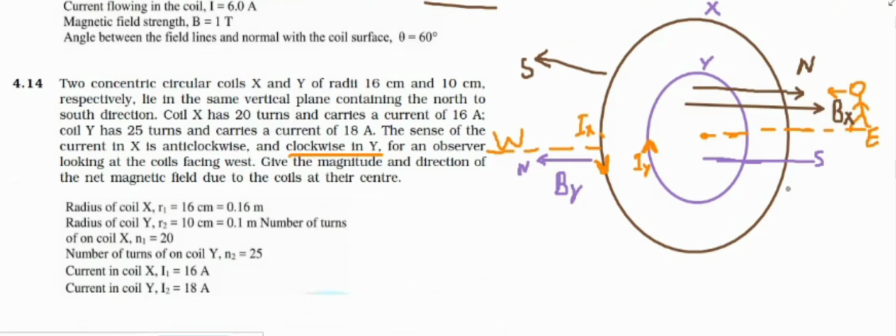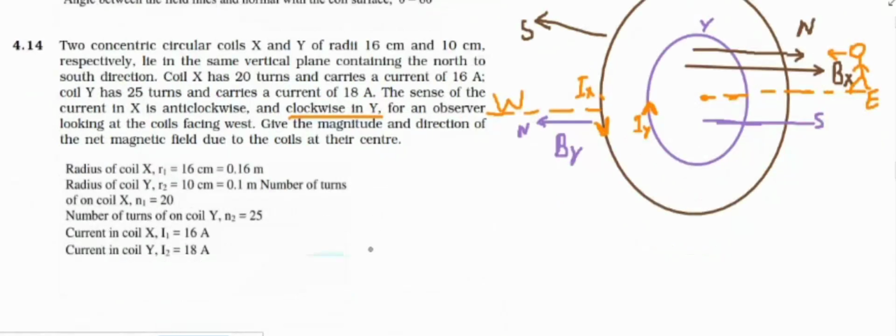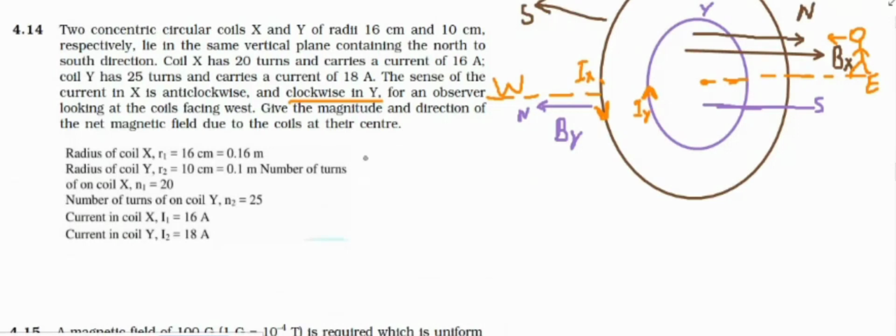Now that means Bx is towards east, By is towards west. Now the coil Y has stronger current, more number of turns, and less radius. Therefore, Y produces a stronger magnetic field. That is, we can have net magnetic field B is equal to By minus Bx. By is stronger than Bx.